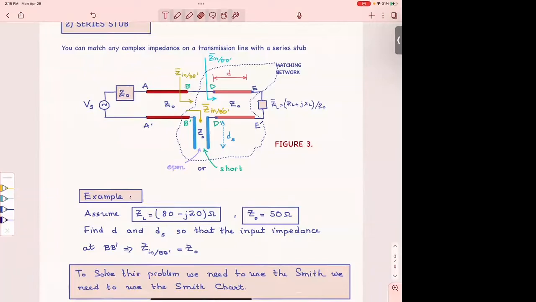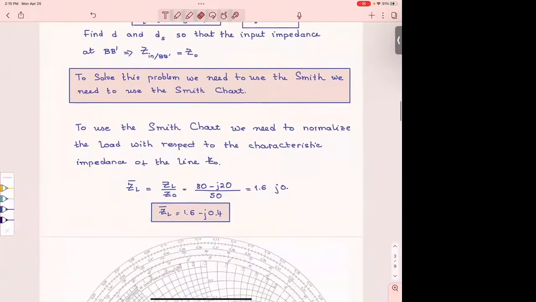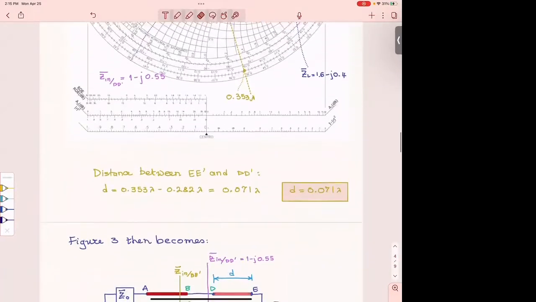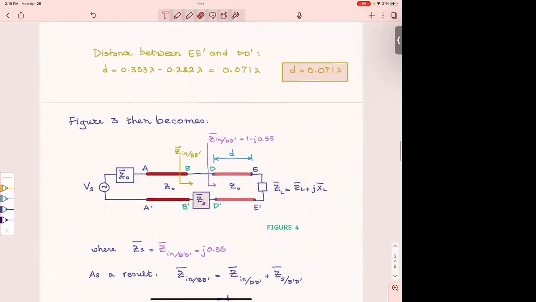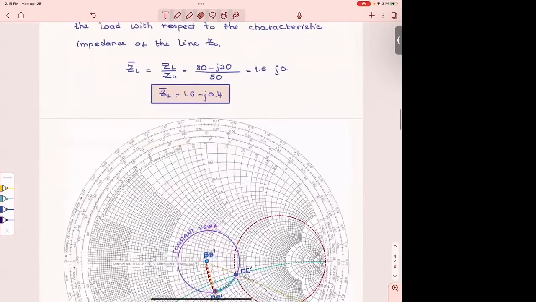So at Z input, DD prime, if I go to the Smith chart and measure, I find that my normalized input impedance at this point, DD prime, before I place the stub, is 1 minus J.55, if I read from the Smith chart. Where is this point?